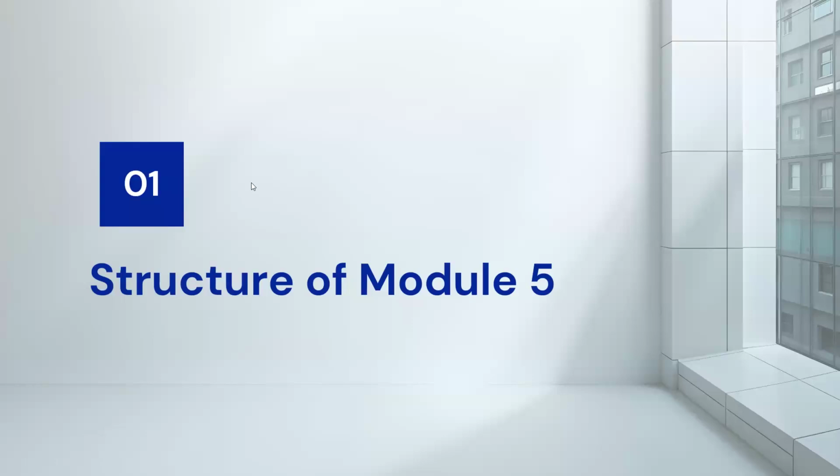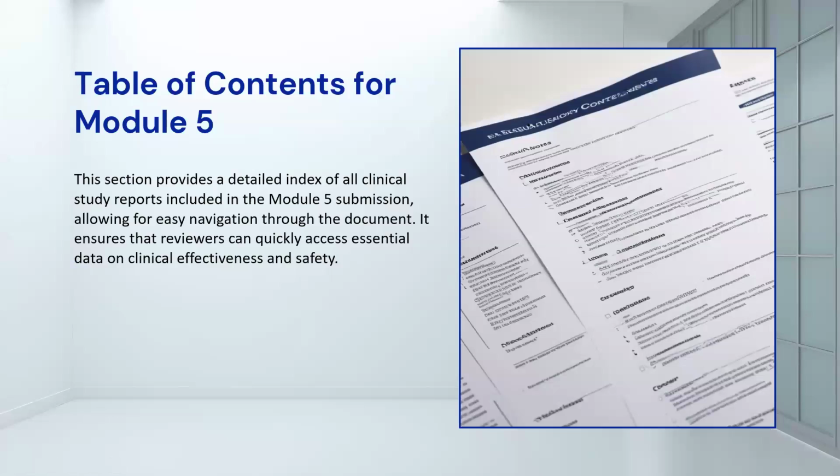Okay, so moving on with the structure of module 5. Module 5 will provide human evidence of efficacy, safety, and benefit risk justification for marketing authorization.